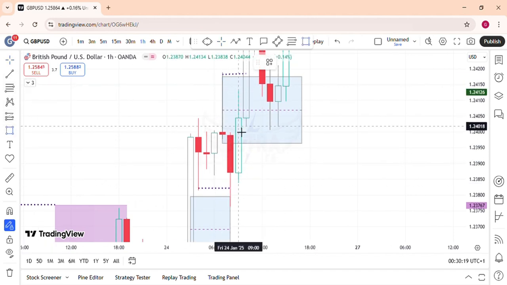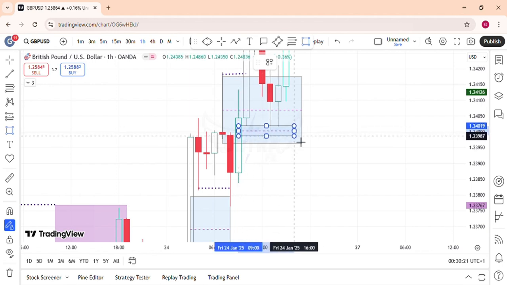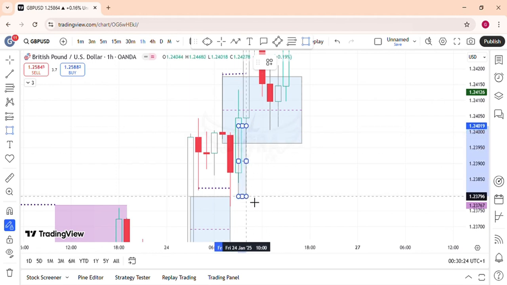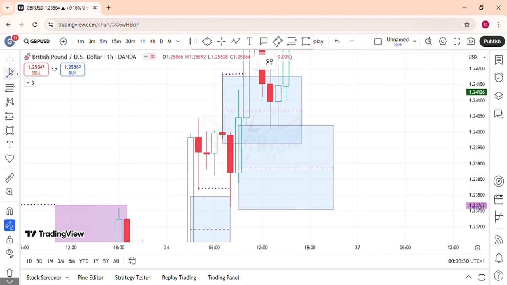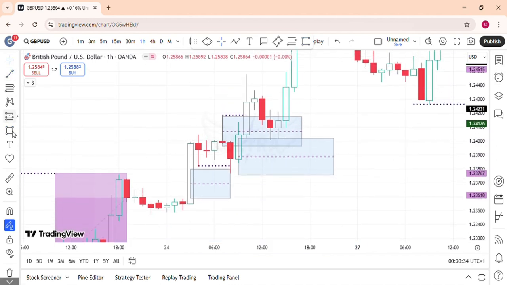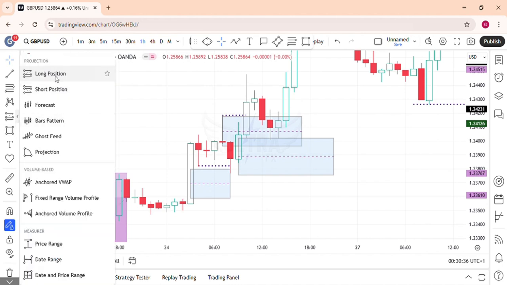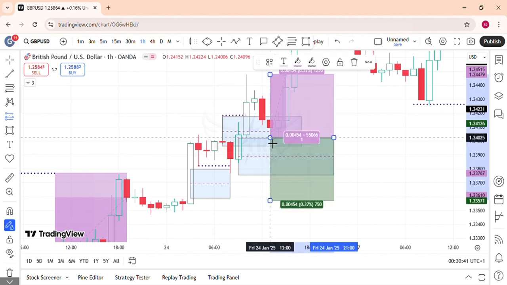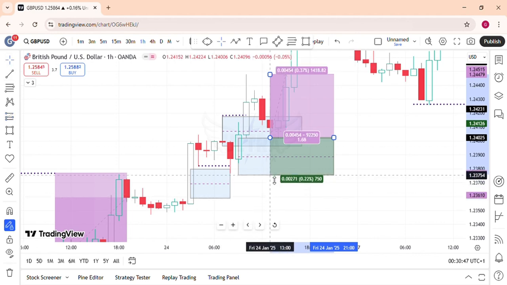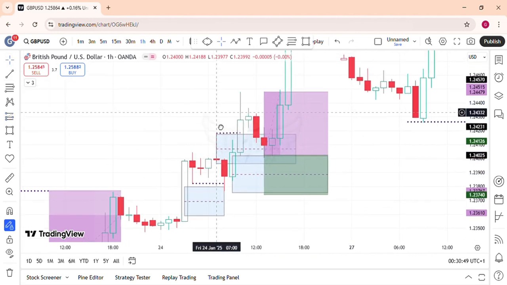This is your fair value gap right here. You can draw it down to the end here, below that wick here, and your entry. So you have gotten an entry there, and this is your entry right at the creation of the order block, and your stop loss, which is here.